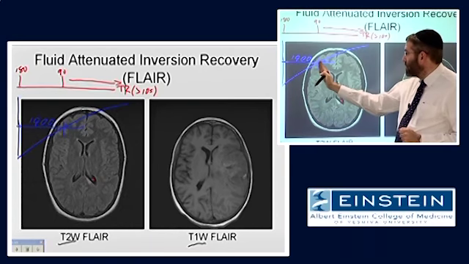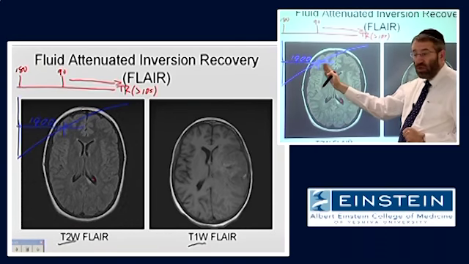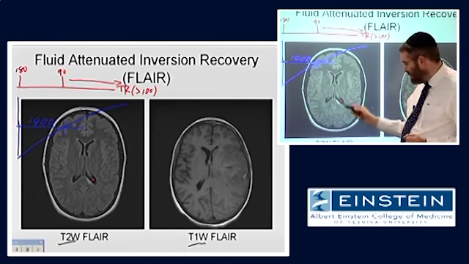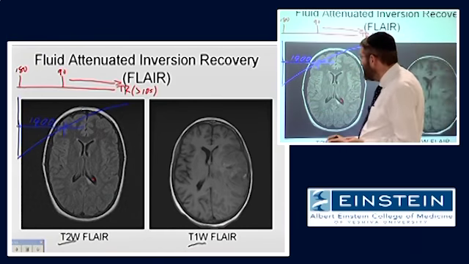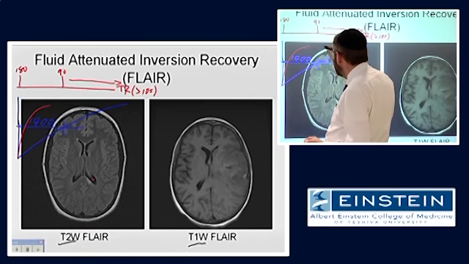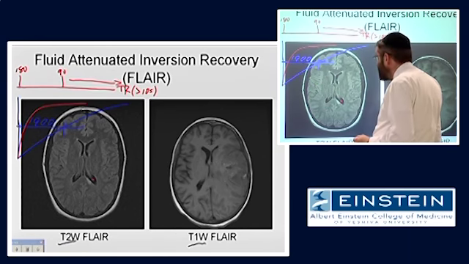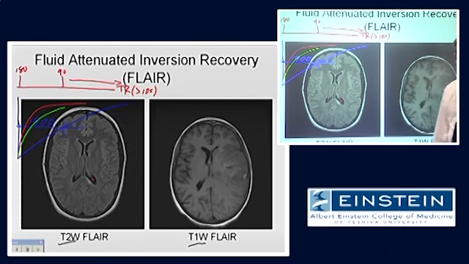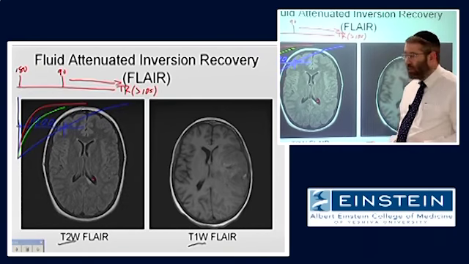Since this inversion delay, this TI, is very long, while it's taking a long time for CSF to get to 0, the tissue that we're looking at has a much shorter T1, whether it's gray matter or white matter or whatever it is.